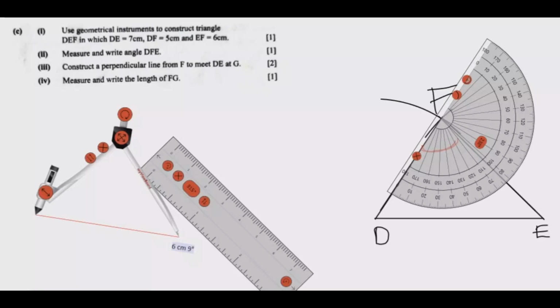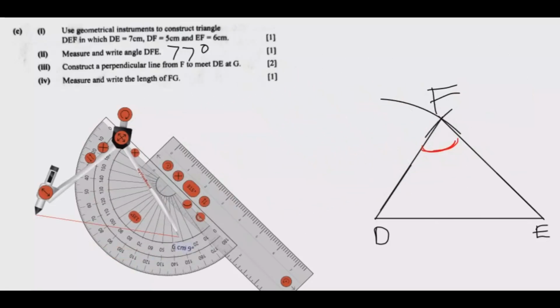So when they have told us to measure the degrees, we can say this is 77 degrees.